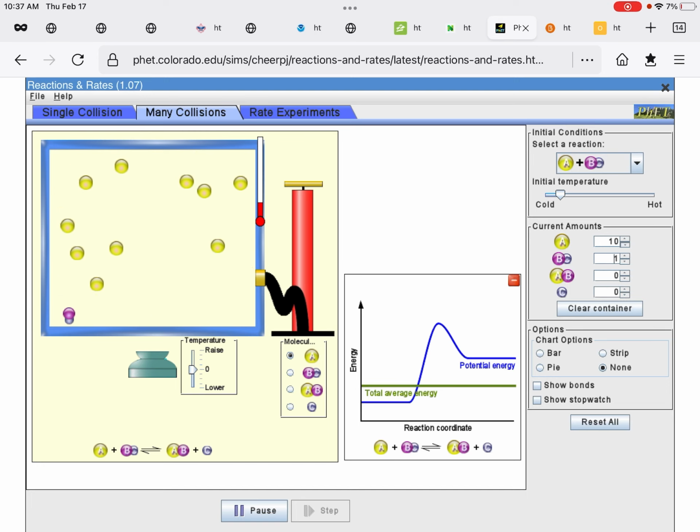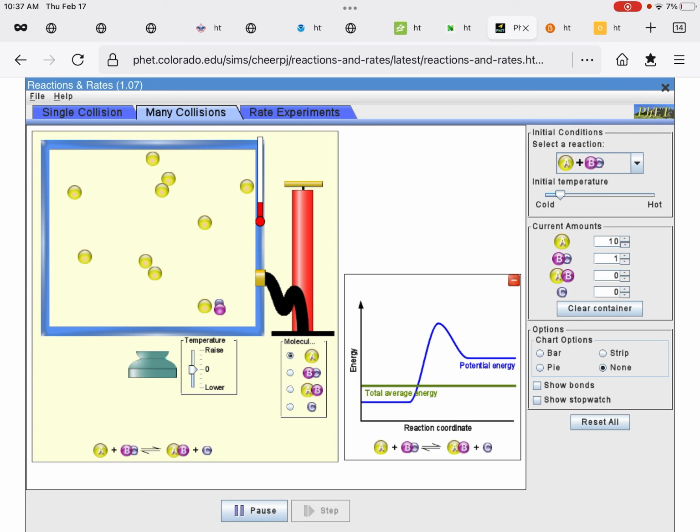It turns out that most collisions are unsuccessful. There's a couple of reasons for this. One of them is that it actually has to happen in the right orientation. The reasons for that are a little beyond the scale of this course. We'll talk more about that when you get to organic chemistry, so that's next year. But the other reason is there has to be enough energy for a reaction to happen.